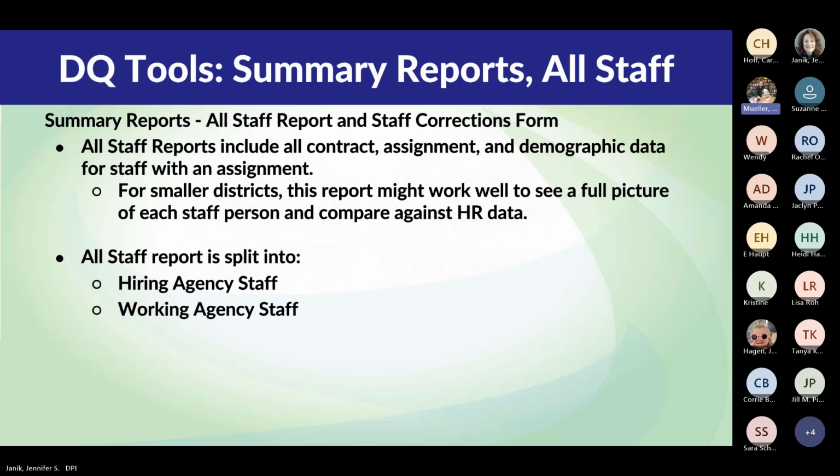Any staff person with an assignment will appear in these reports, even if their assignment does not require that a contract be entered. In the all staff reports, you can filter staff by one or more schools. Use Control click to highlight multiple schools in that list.